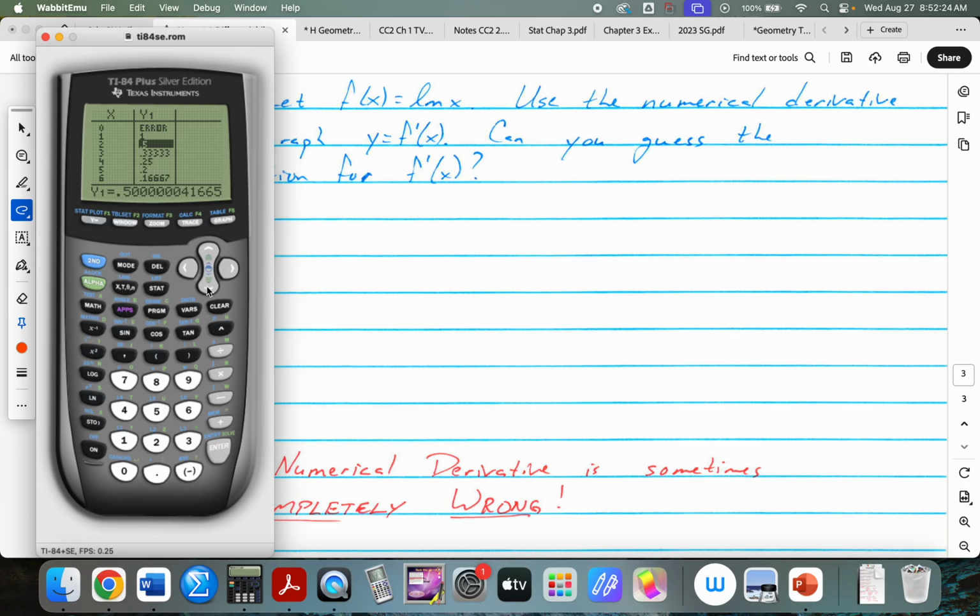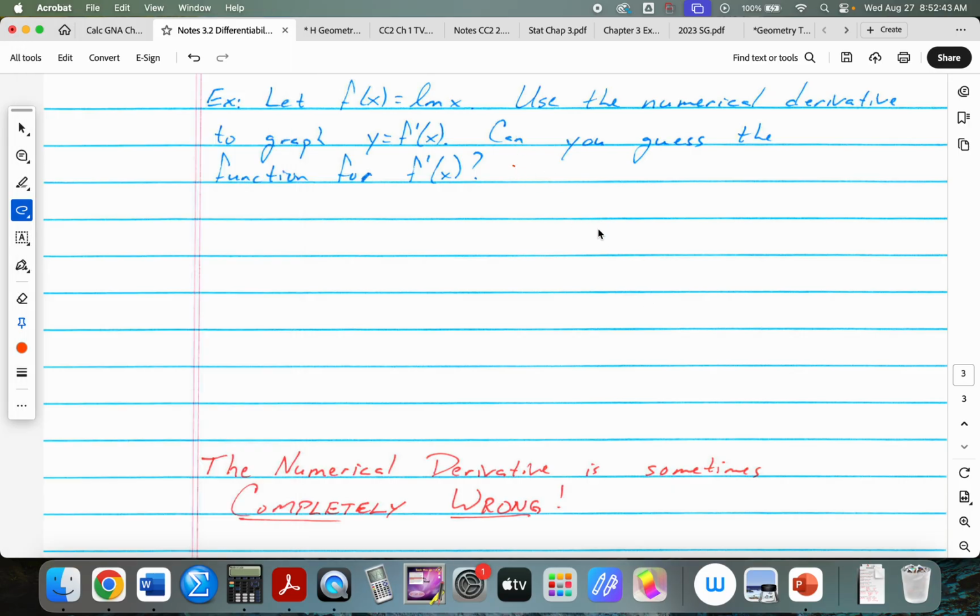Well, that would be 1 over x. When x is 3, the derivative is 0.3 repeating. That's 1 over x. And so it turns out that you're exactly right. The function for f prime of x here is indeed equal to 1 over x.